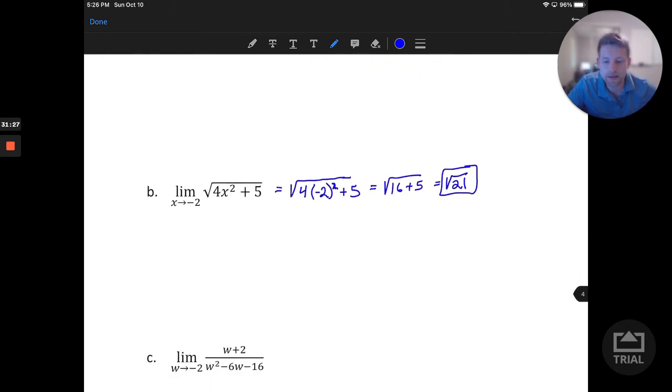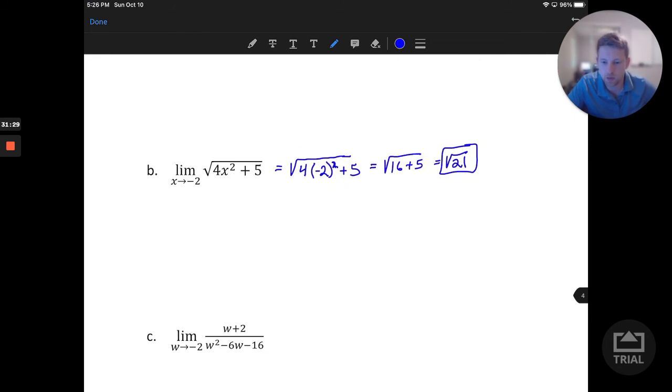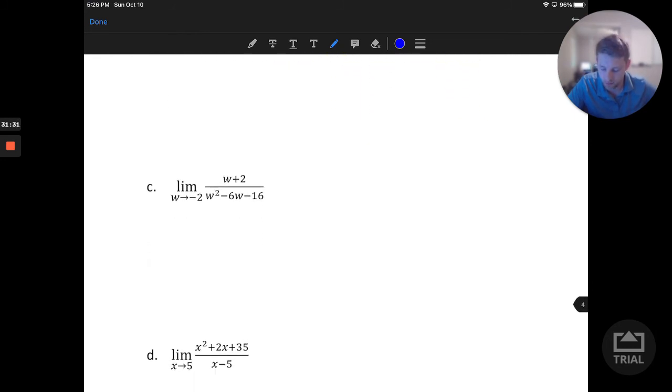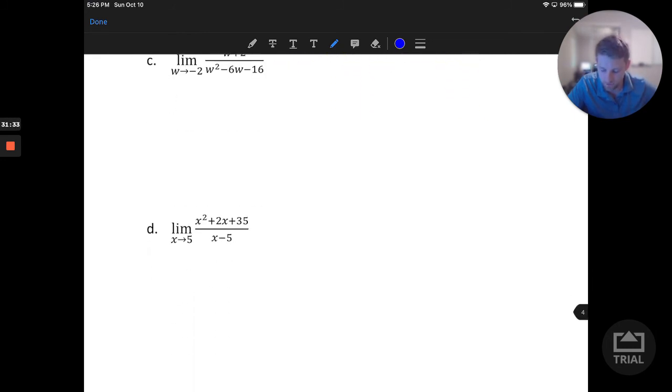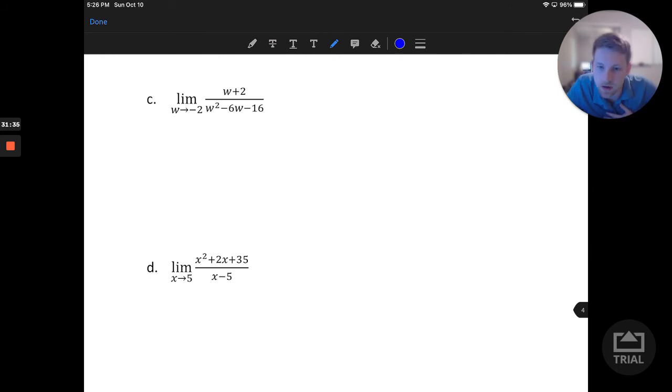In the next few parts, we'll have to use a little bit more work to consider parts C and D. We'll do these together as well as a pair. If I considered the same method of just evaluating my function here at the limit value, here we have the limit as x approaches negative 2, we'll notice that the denominator here will actually produce a 0 when we input the value of negative 2.